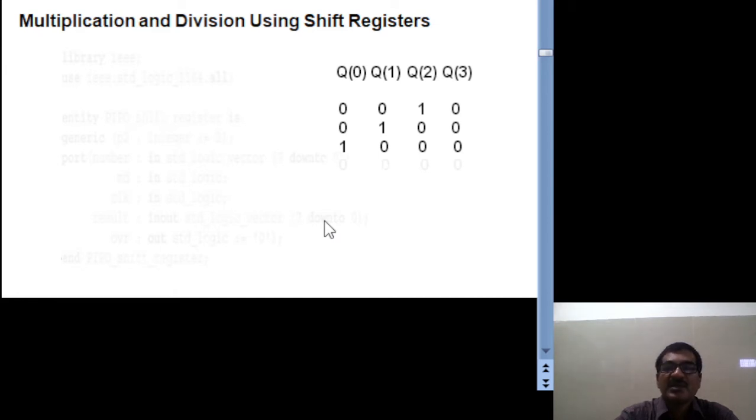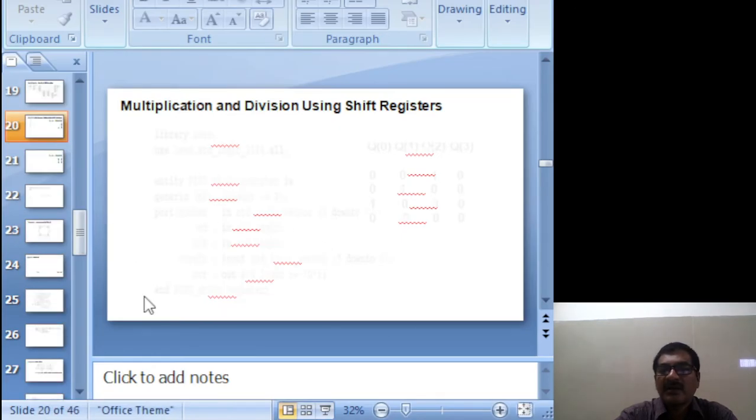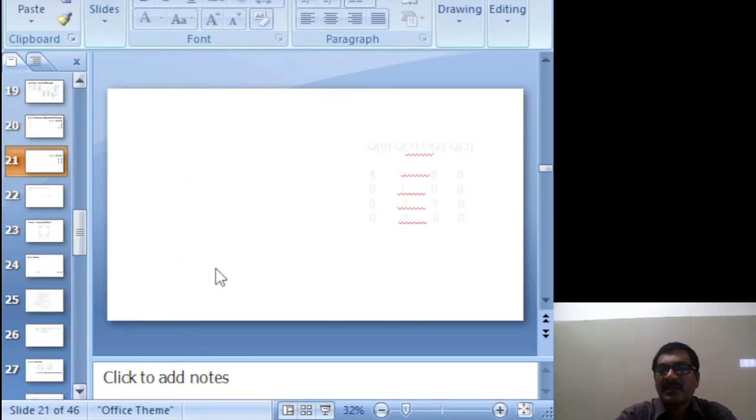Similarly, for the division operation, the shifting is towards the right hand side direction, and we get division by 2. Let us see that in this slide, the division action.